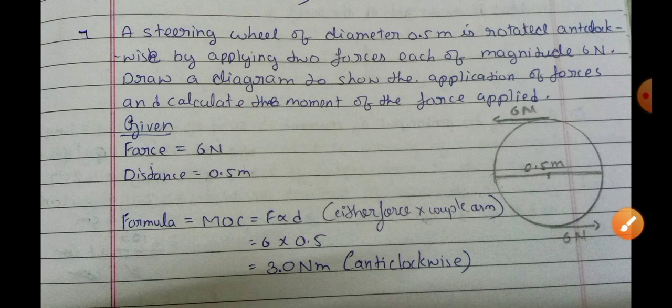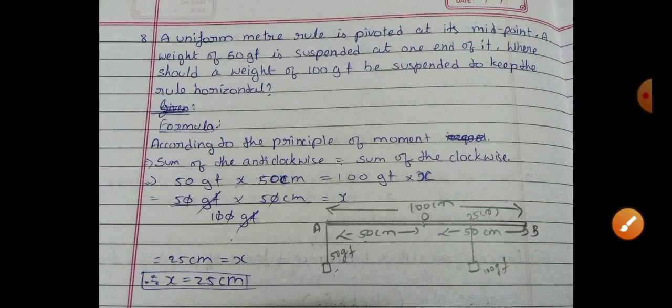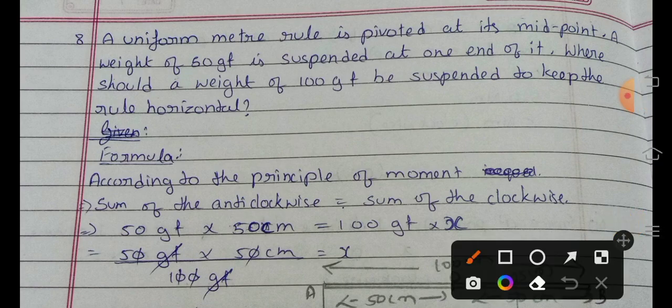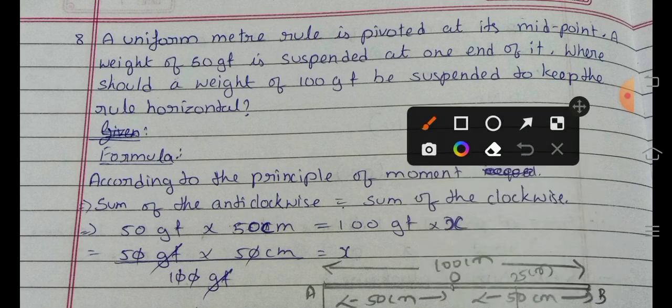Now the 8th question. A uniform meter rule is pivoted at its midpoint. A weight of 50 gravitational force is suspended at one end of it. Where should a weight of 100 gravitational force be suspended to keep the rule horizontal?